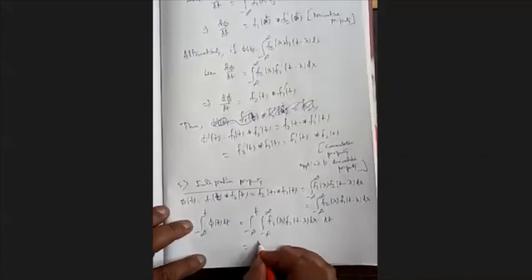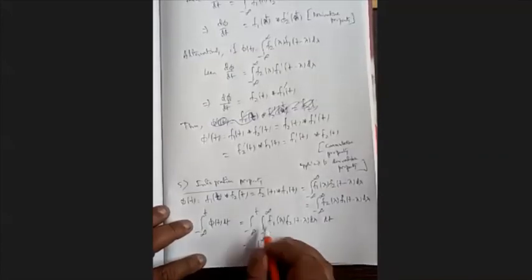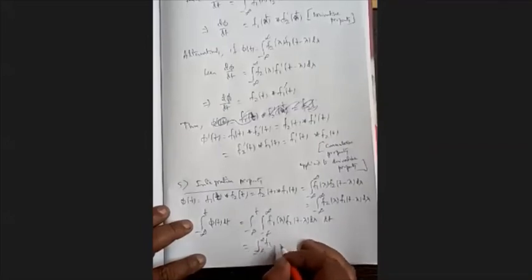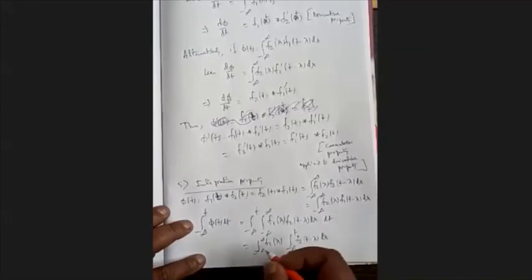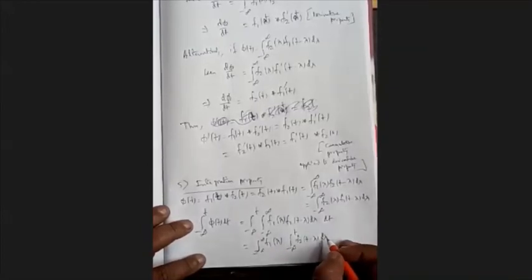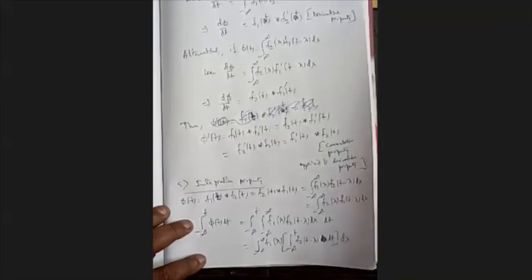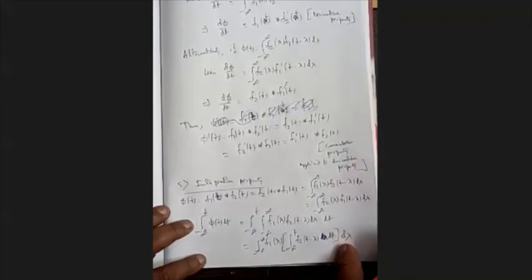It is minus infinity to plus infinity f1(lambda), then minus infinity to t, we can write f2(t minus lambda) dt. Then we write d lambda. After we put this, it will be d lambda here.